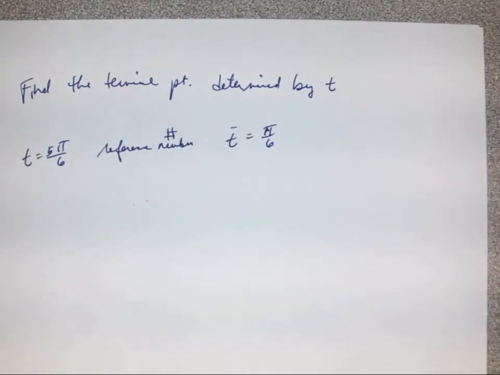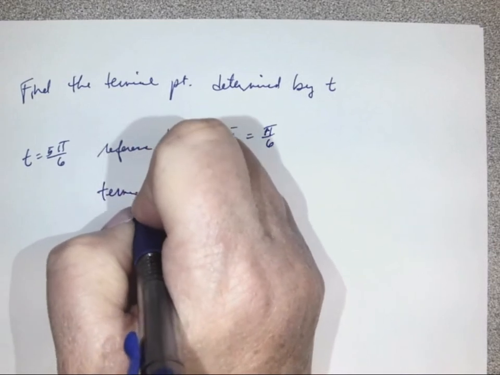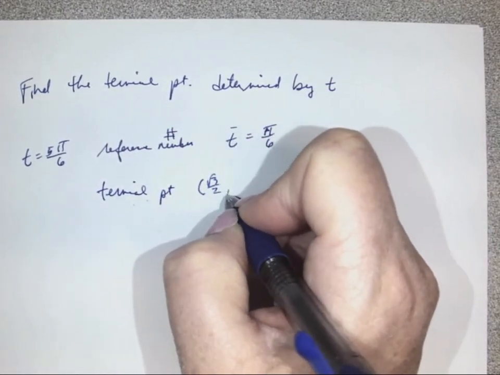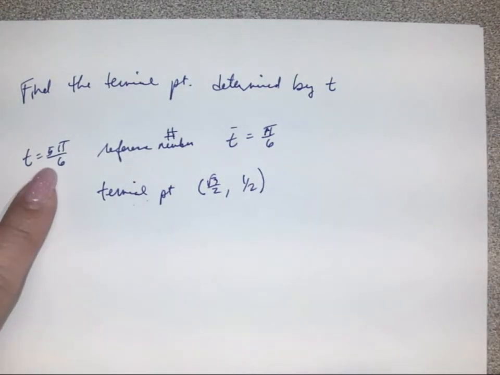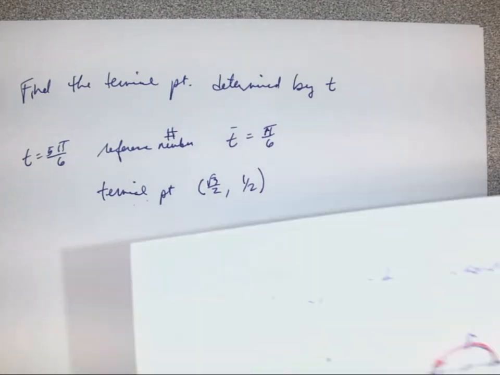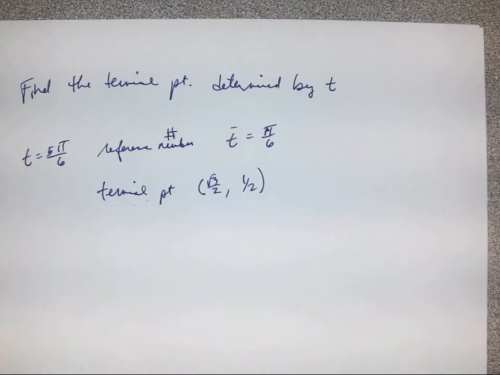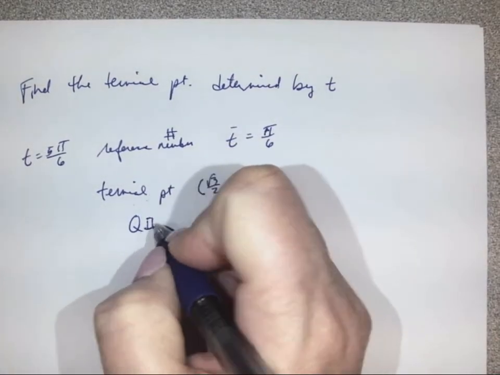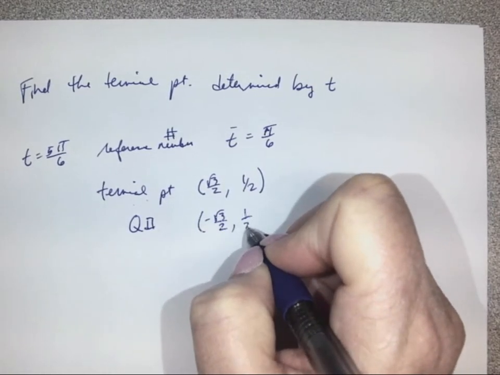We know that the terminal point would be the square root of 3 over 2 and 1/2. But 5 pi over 6 lands us in quadrant 2. So in quadrant 2, we know that x is negative and y is positive. So for quadrant 2, it will be negative square root of 3 over 2 and 1/2.